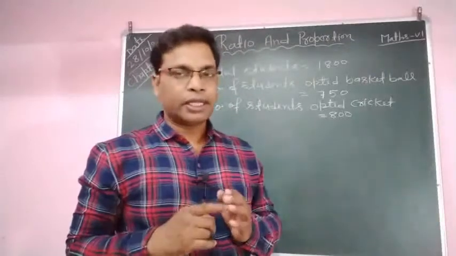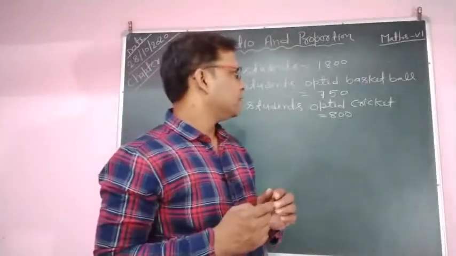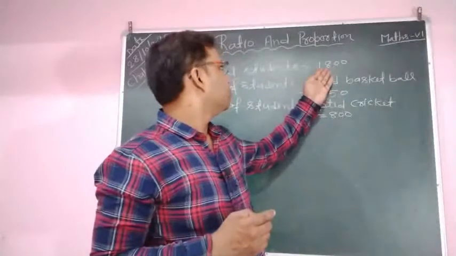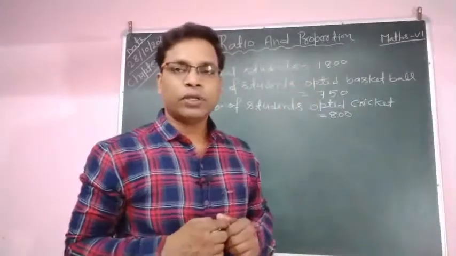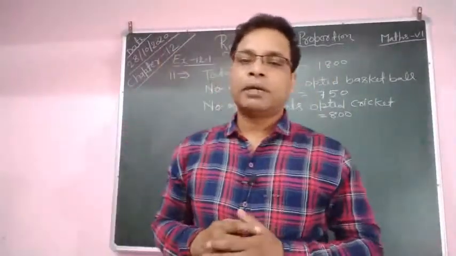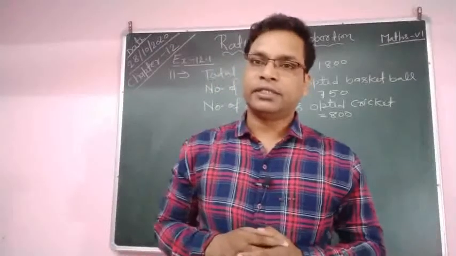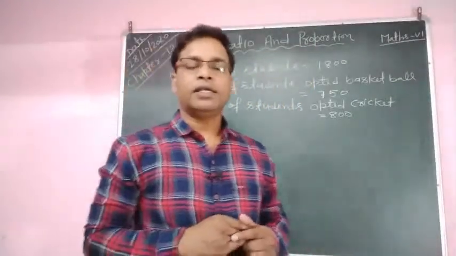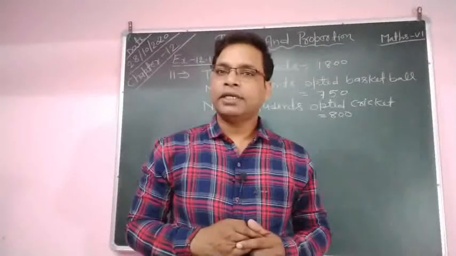If you sum them and subtract it from the total number of students in the school, then we obtain the number of students who opted table tennis. So let's see how to find the number of students who opted table tennis.